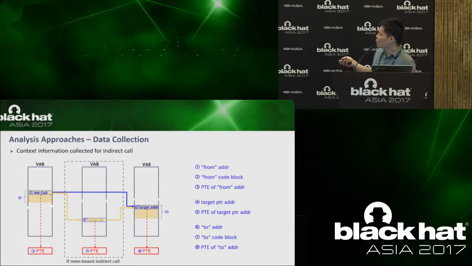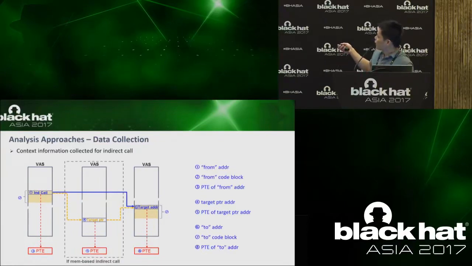We have a function pointer, and then we have a target address, where this function pointer points to. Each address has its own PTE, page table entry. Basically these 8 pieces of information are collected upon each memory-based indirect call.